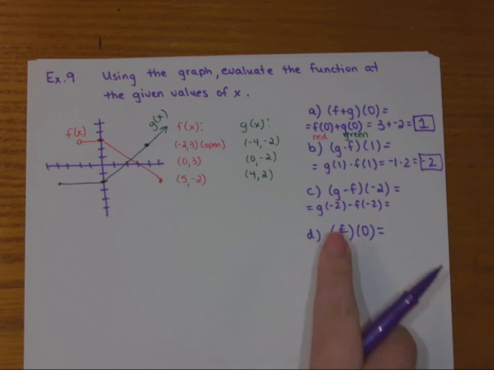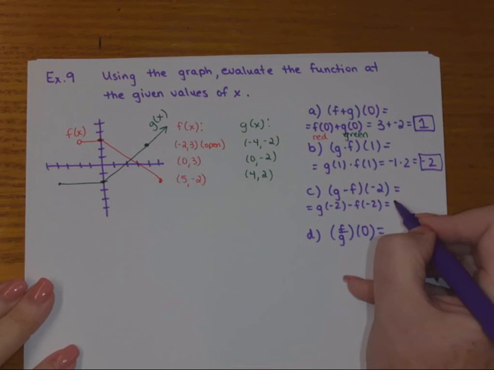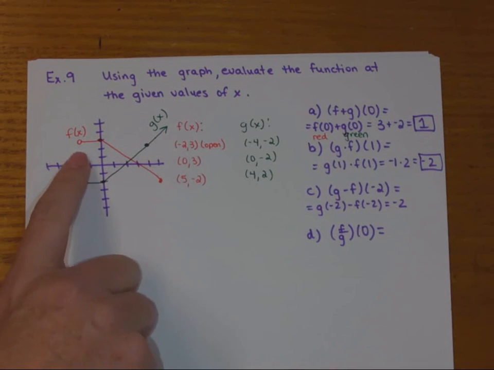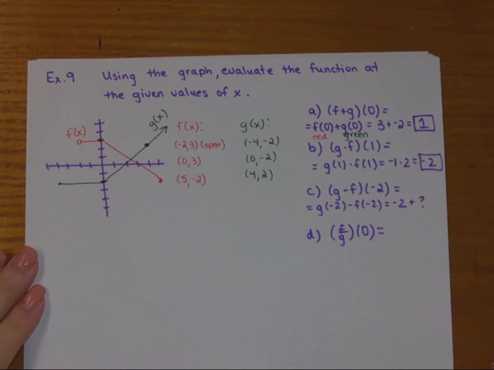Okay, so first let's use the green graph, right? So g of negative 2. Notice here's negative 2, and it looks like the y value is negative 2. So we get negative 2, but then when we try to figure out what the y value is for x equals negative 2 on the red graph, notice we are at an open circle, and an open circle means that it's not defined at that point. So I'm just going to say plus question mark.